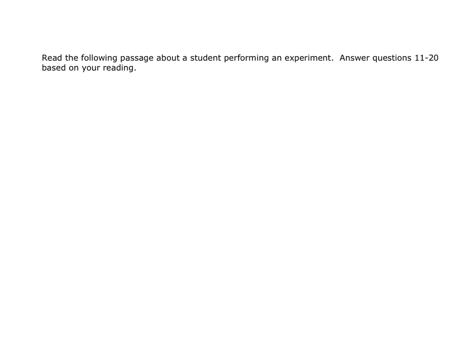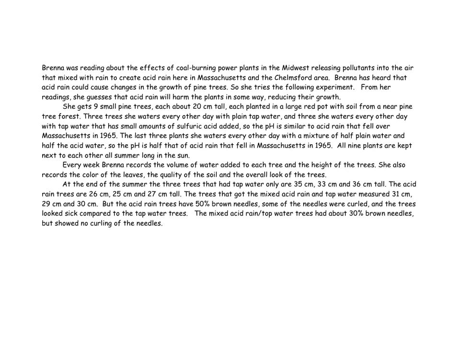Okay, so I'm not going to read through the entire experiment, but we have this student who was trying to find out about the effect of acid rain on pine trees. So the question is, which of the following is a quantitative observation? Well, again, you have to remember quantitative means measured or counted. So the only one of these that's a measured quantity or a measured piece of data is the number of trees she selected.